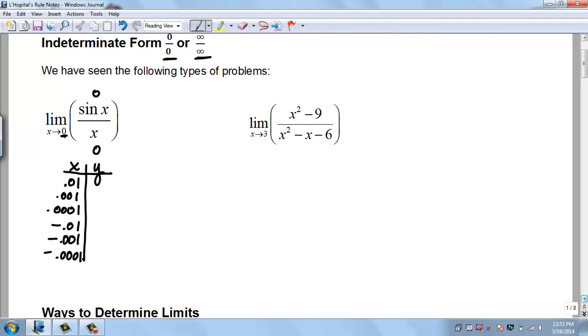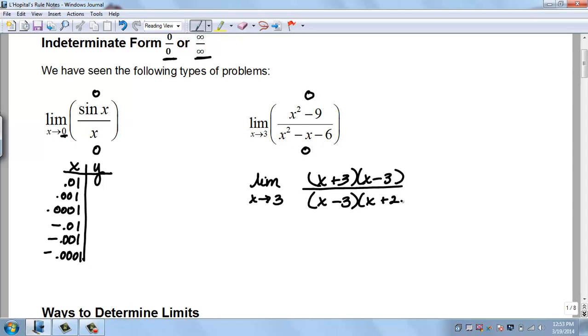Then we also learned, what if we had this and we plugged in the 3, because you always substitute first, and I get a 0 on top, and I plug a 3 in the bottom and get 0 over 0. Well, maybe we can try factoring. This is a limit as x approaches 3, and we factored it: the top is x plus 3 times x minus 3, and the bottom is x minus 3 times x plus 2.